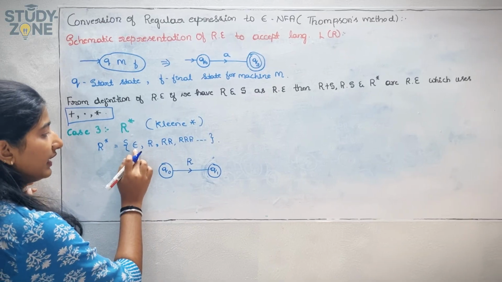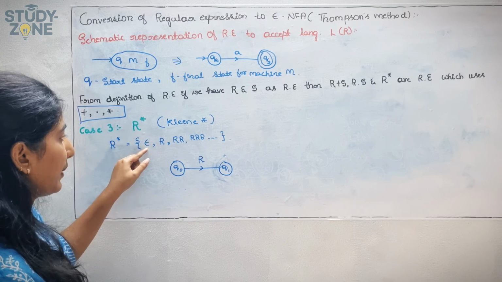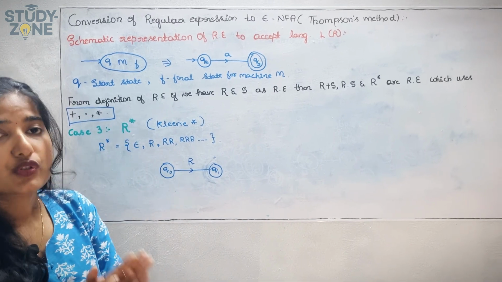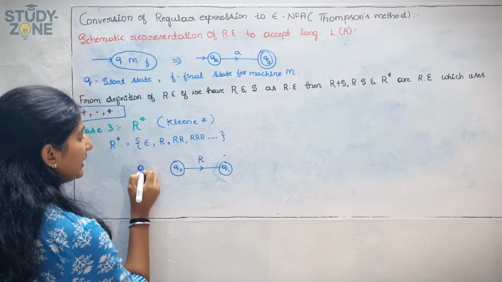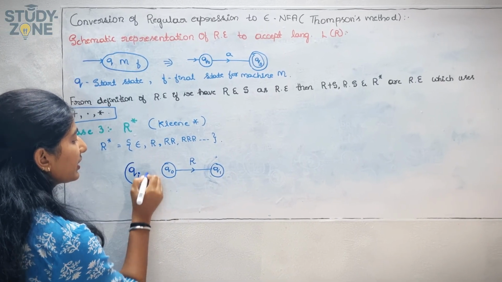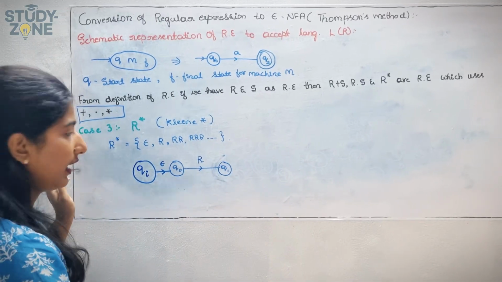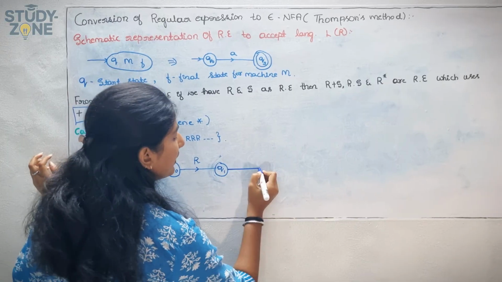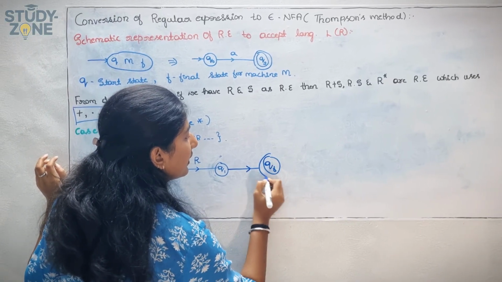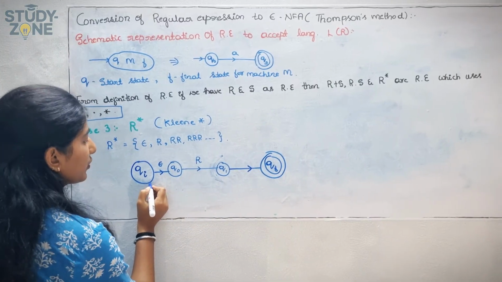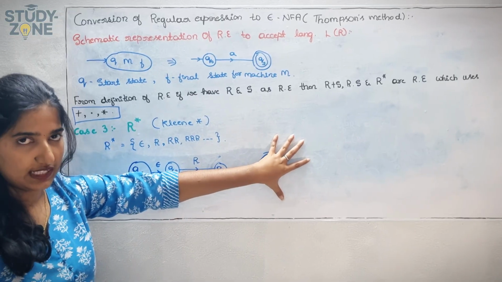Now here if there is R, this is okay, but I have options like epsilon or R. So I need one common initial state, right? If I get epsilon or R, I can move like this, and then I will have a final state here. This is the common final state, okay?